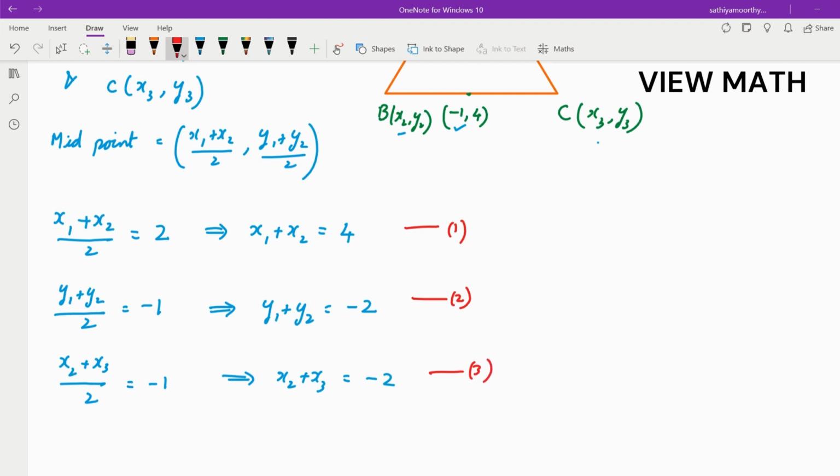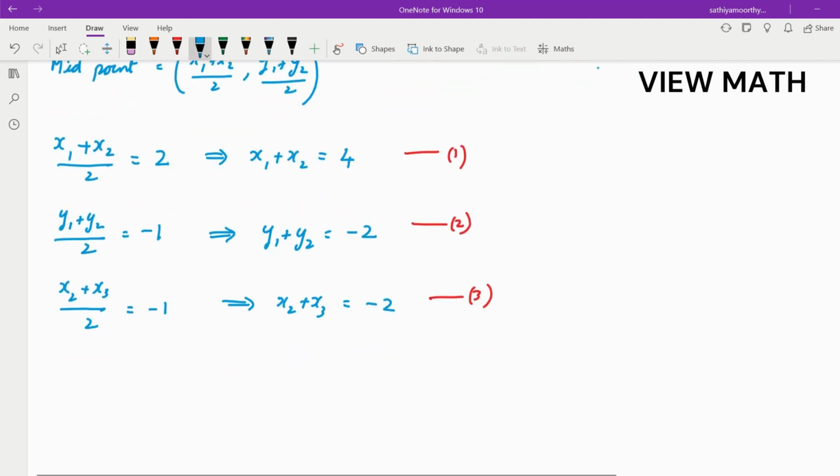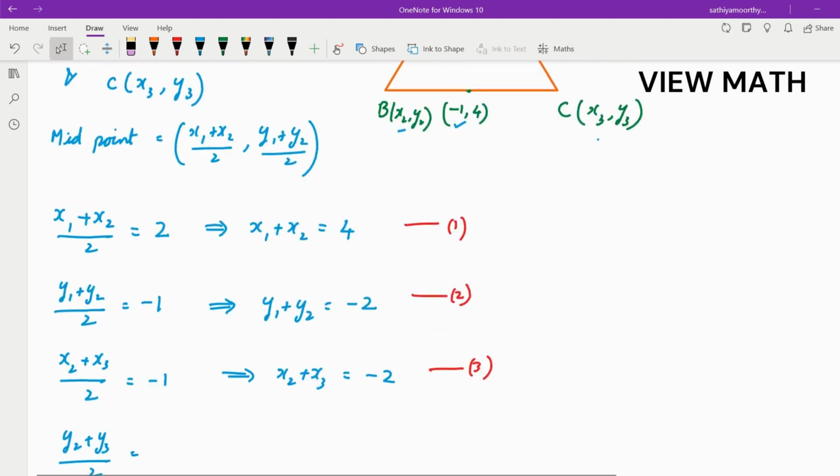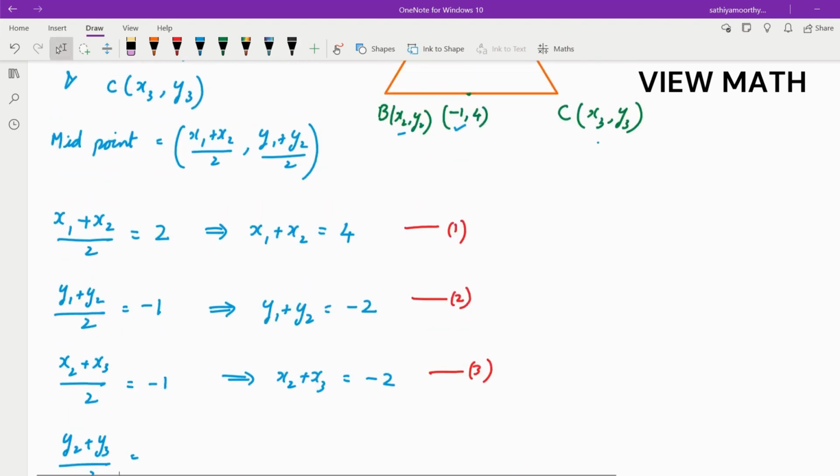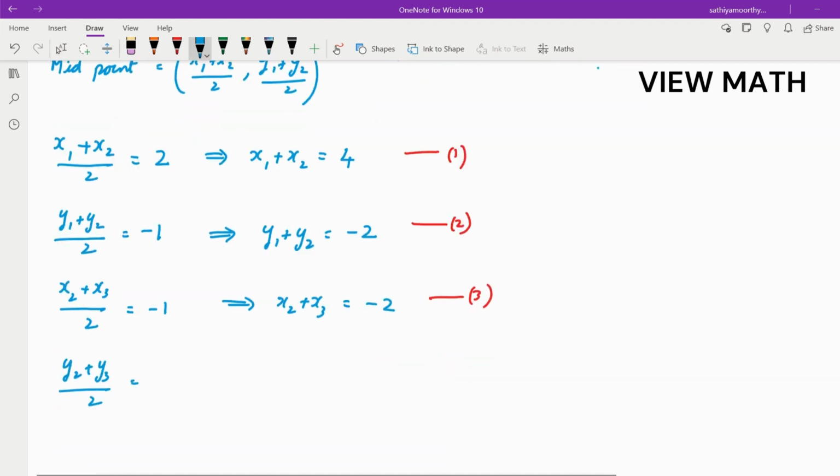Okay, now next, the y coordinate. (y2 + y3)/2, I'm going to equate it to the y coordinate of the midpoint, which is 4. This implies y2 + y3 = 2 into 4, which is 8. So this is my fourth equation.